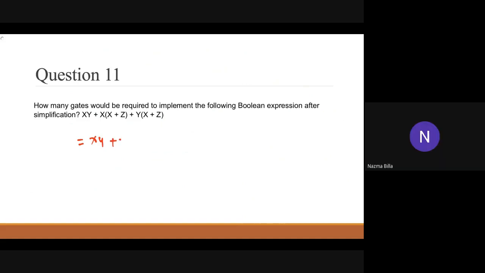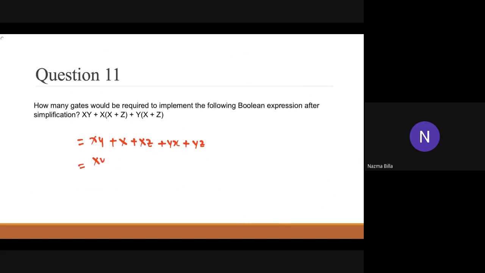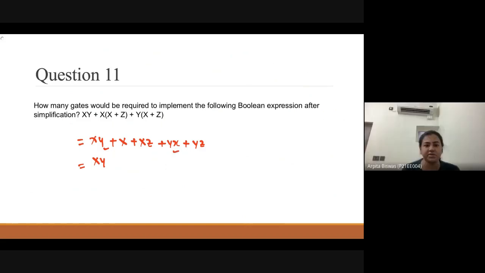So x is remaining plus yz. Again here if we take x common, 1 plus y is 1, x plus yz. So to implement this we require an AND operation between y and z and an OR operation with x.